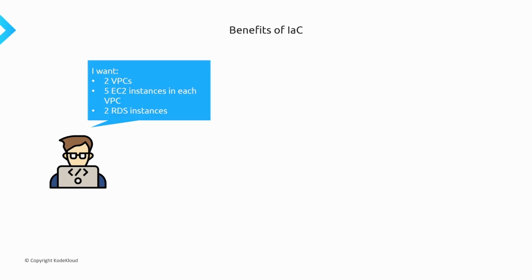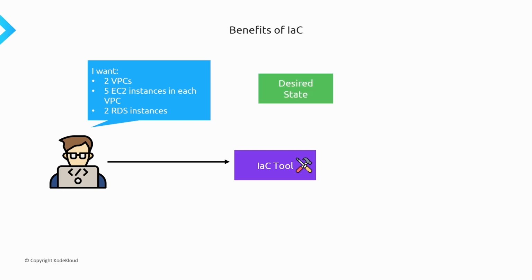So what are the benefits of using an infrastructure as code tool? Why would we want to ultimately define our infrastructure as code? Let's say you as the user, you want to create 2 VPCs with 5 EC2 instances in each VPC with 2 RDS instances. The great part about infrastructure as code tool is you could send these instructions to your infrastructure as code tool and define them in your code. And what your tool is going to do is it's going to take the desired state, which is everything that you just requested.